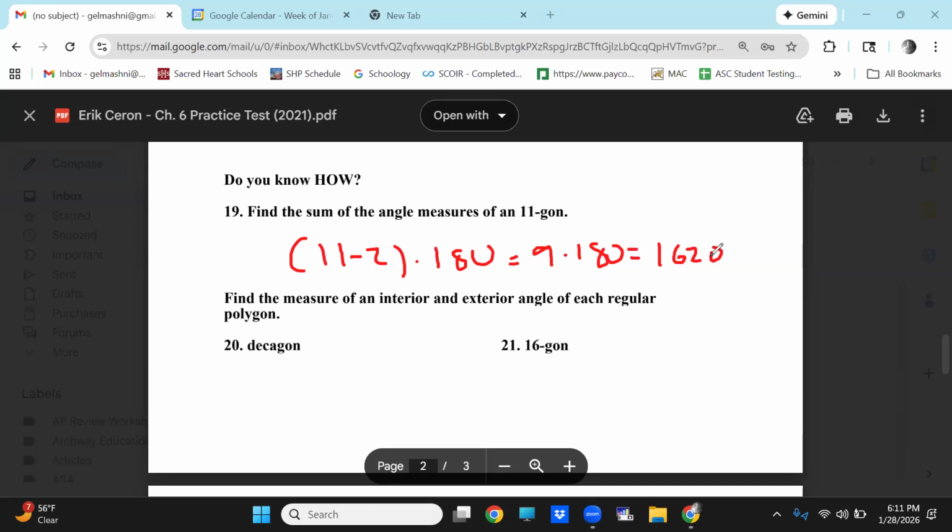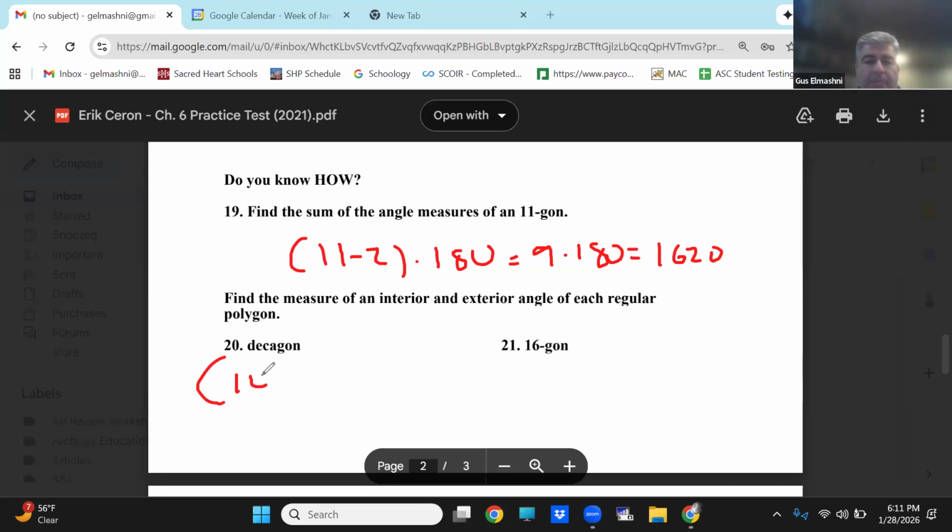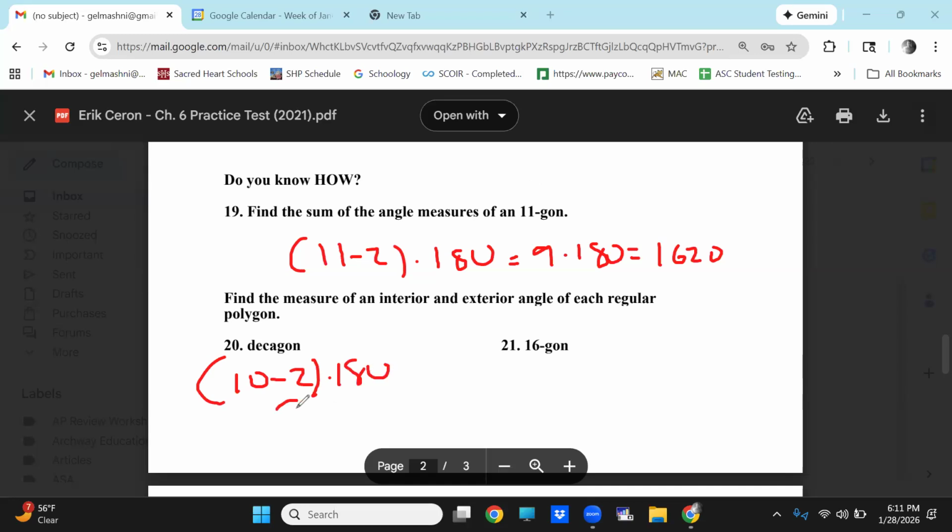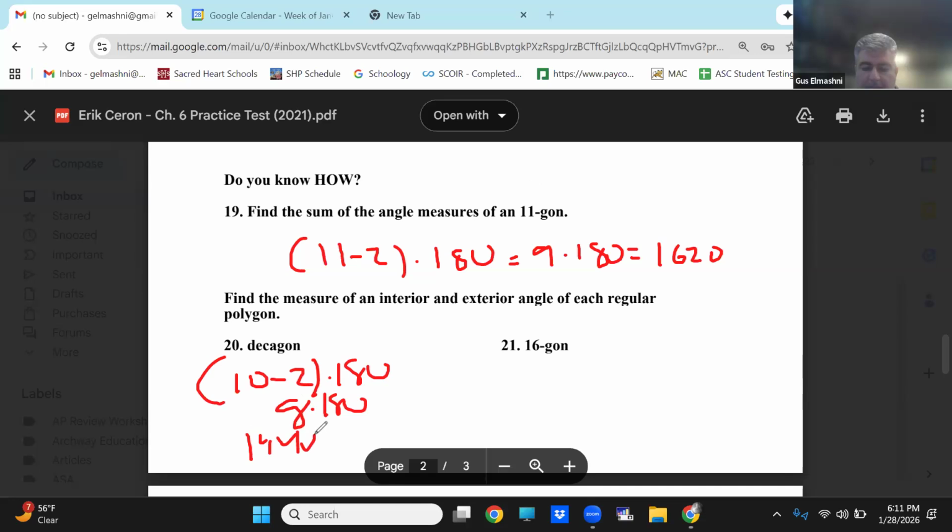So then how many angles does a decagon have? 10. That is kind of disappointing, actually. That would be more. 1,440. Correct.